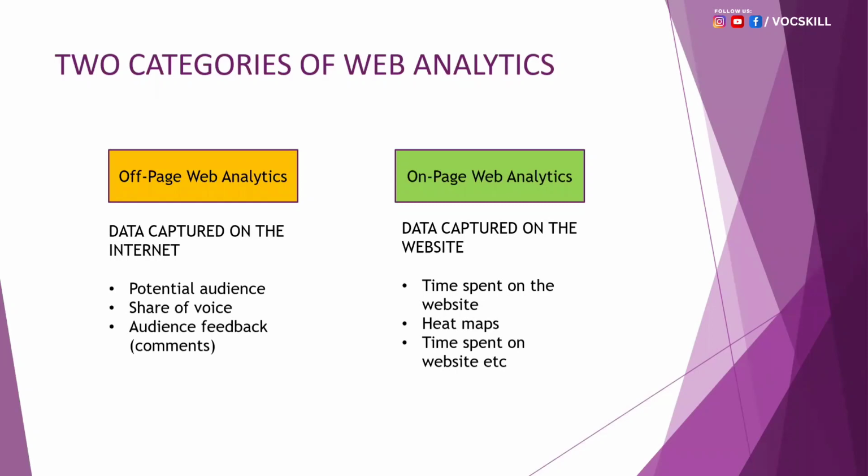Off-page analytics is data which is already available on the internet. So if you go to Facebook and select that you want people between the ages of 38 to 50, living in Lucknow, Kanpur, and say Delhi, who are interested in gardening, you will get a potential reach, a potential audience.